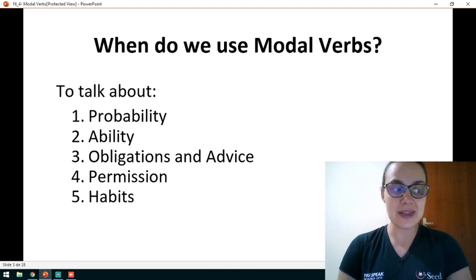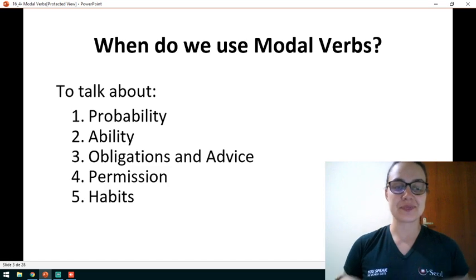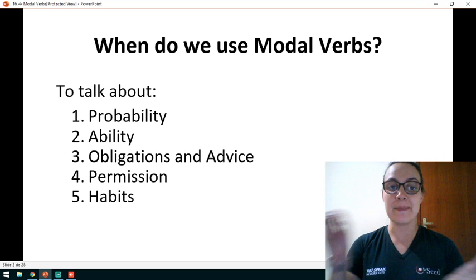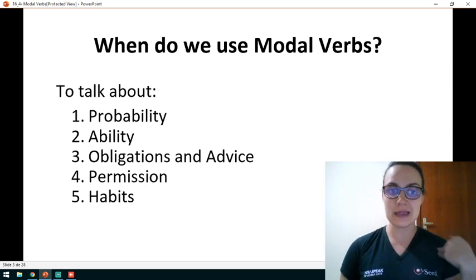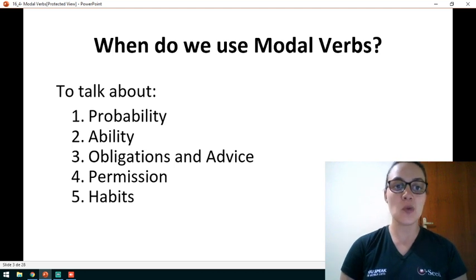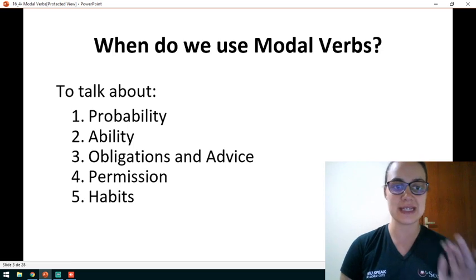Now, these 5 things we can use to talk about things that are happening right now in the present, as well as things that happened in the past. And we'll be going over exactly how we'll use modal verbs in each of these examples.